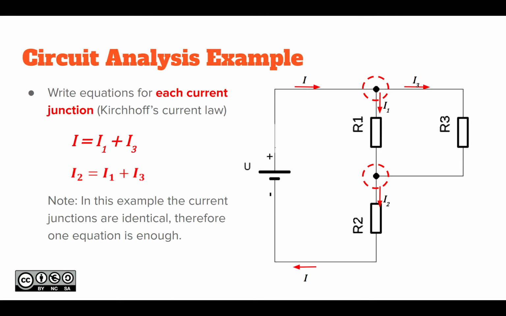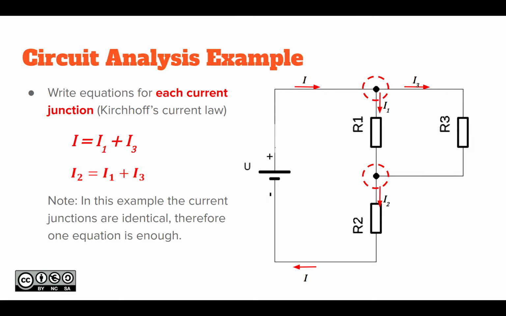And then, of course, I have an example. I hope you are not getting bored of this single example. I just try to keep things simple enough, but not simpler than that. So writing the equations for each current junction, meaning Kirchhoff's current law.